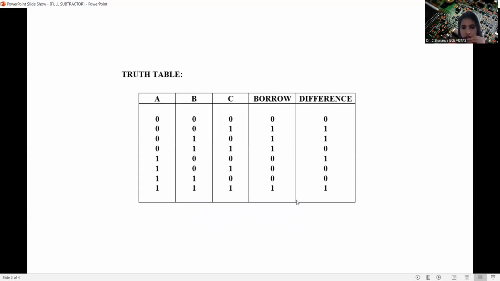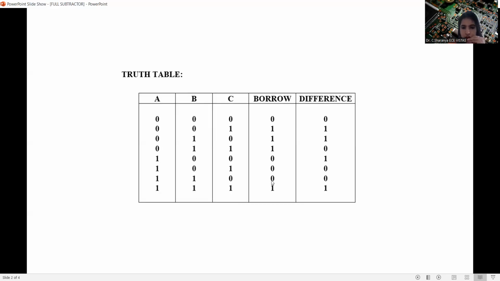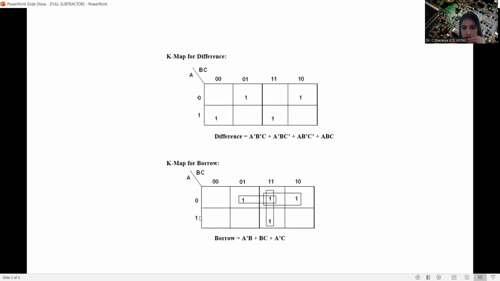And then when A is 0 and B and C are 1 and 1, so a 1 here. Done. The last one comes when A is 1 and B and C are 1 and 1.